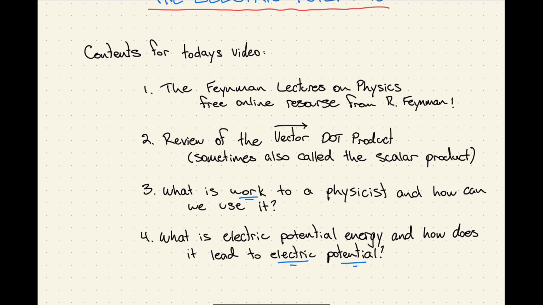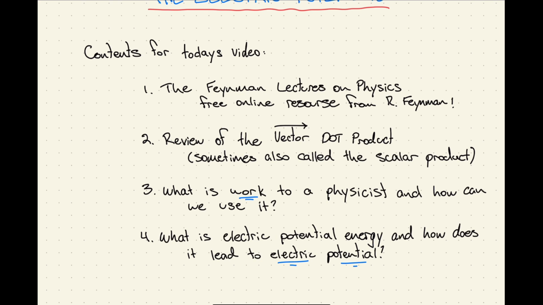The word work in regular day-to-day life just refers to going and getting a paycheck, working out, maybe doing work. But in physics, the definition of work to a physicist is a little bit different. So we're going to introduce that, and it actually uses the vector dot product, which is why I first start off with point number 2.